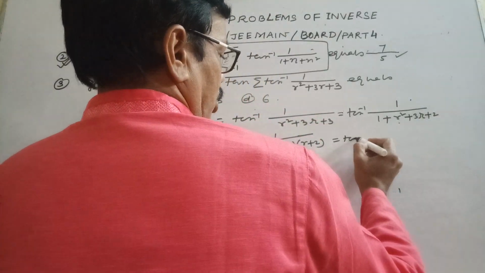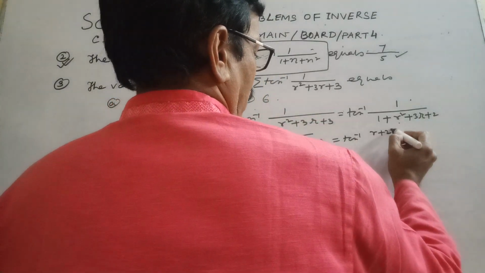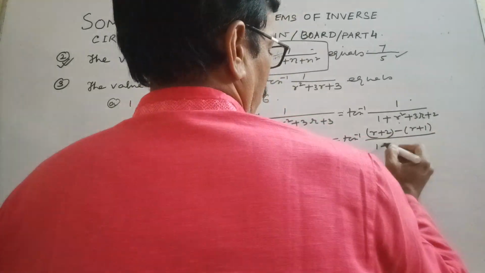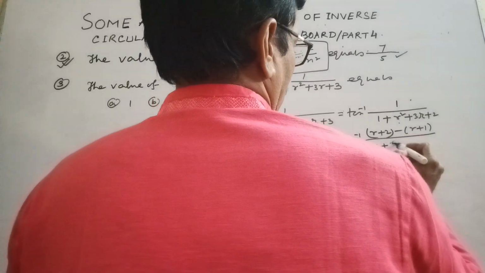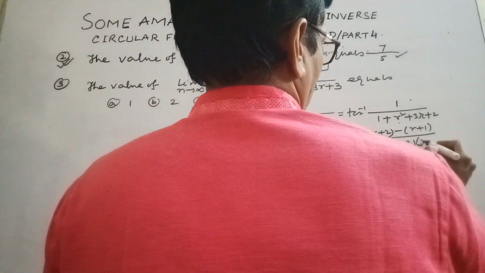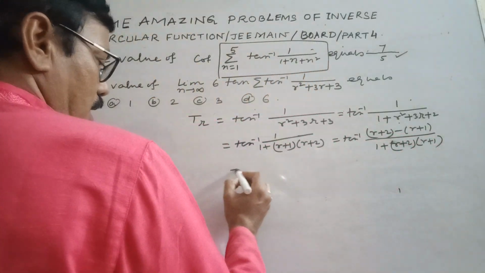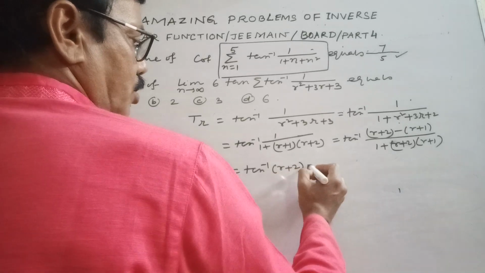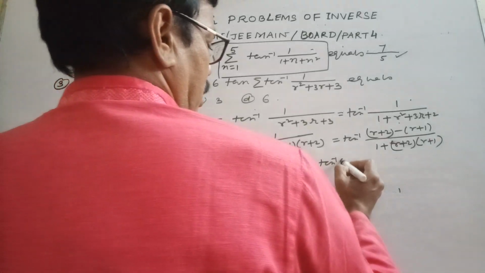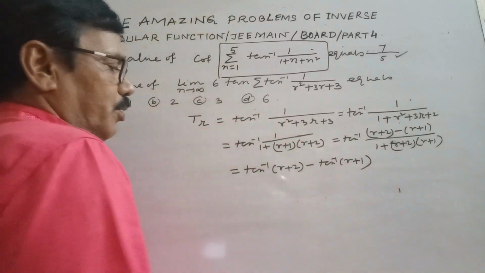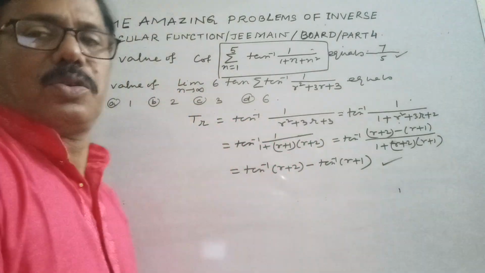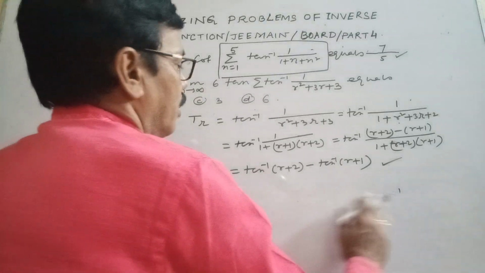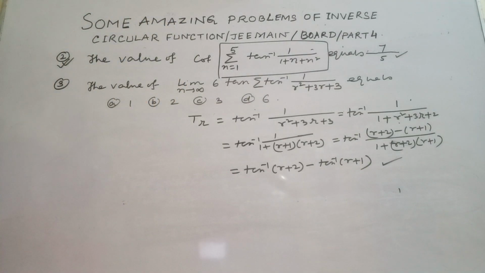And this one is tan inverse of (r plus 2 minus r plus 1) by (1 plus (r plus 2)(r plus 1)). So finally you are getting tan inverse (r plus 2) minus tan inverse (r plus 1). So this is our main aim, to express it as a difference of 2 tan inverse.